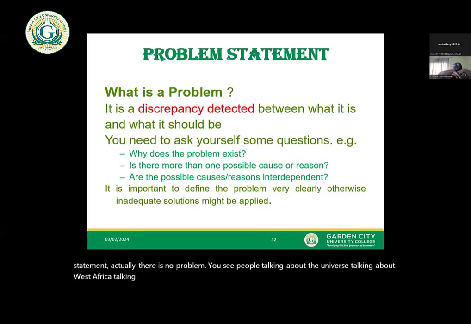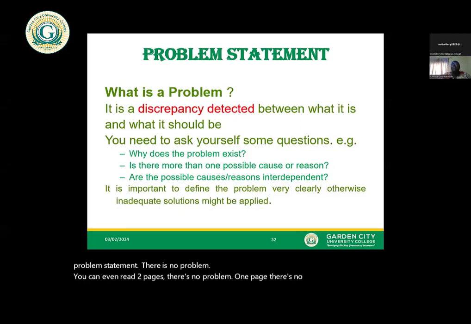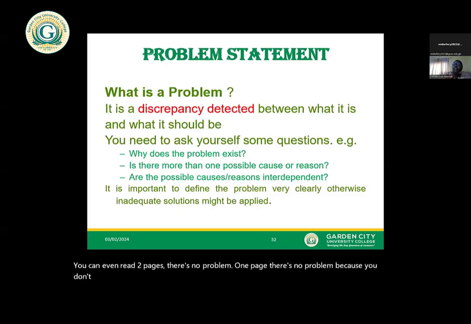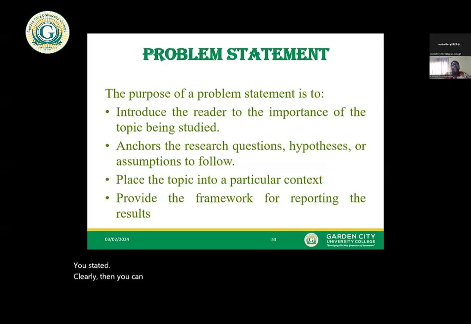Sometimes you can even read a 3-page problem statement, there's no problem. You can even read 2 pages, there's no problem. 1 page, there's no problem. Because you don't even know how to state your problem. But you need to state it clearly so that there will be no inadequate solutions. You state it clearly, then you can solve your problem.